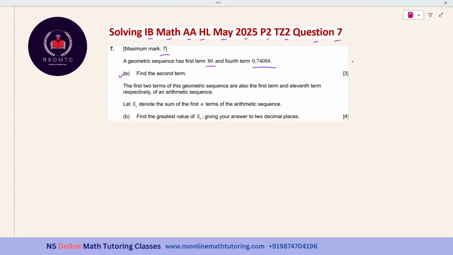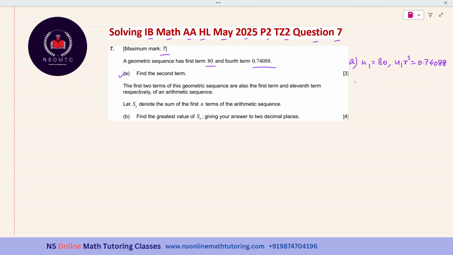Okay, so U1, the first term, is 80, and the fourth term means U1 R to the power of 3 is 0.74088.